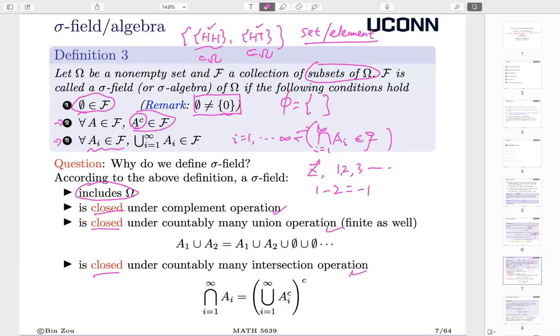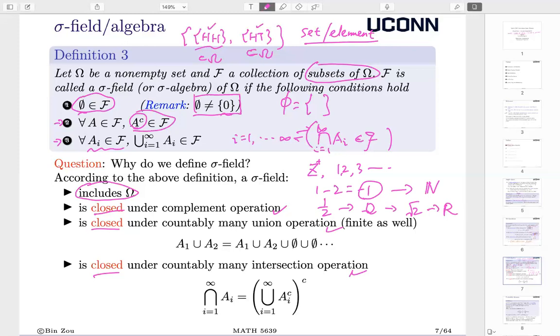So we generalize to all integers. Then we have 1 over 2, which is not an integer, so we need to generalize to all rational numbers. And when we take some operation like a square root, you get a non-rational. So you finally generalize to all real numbers.